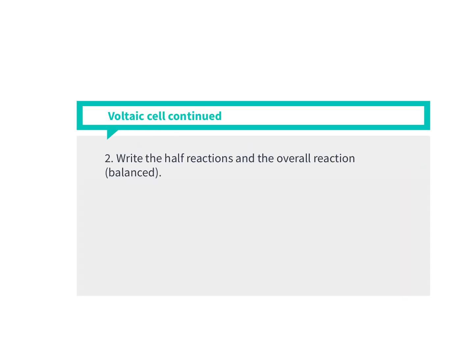The second step is to write the half reactions and then the overall reaction and, of course, balance them. And so first we should look at our reduction. That's where our silver is, and so we have Ag plus an electron makes Ag solid, and then we have our oxidation, where we have copper solid reacts to form copper 2+, and it will let go of 2 electrons.